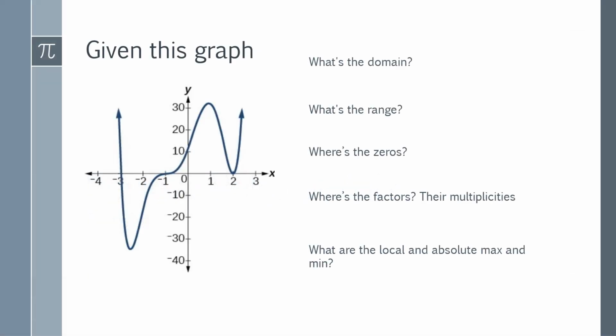Alright, so let's talk about the domain. The domain deals with all the x values, and of course x values are all horizontal. So when it comes to this particular problem, you notice that this graph has arrows on the left hand side horizontally, and on the right hand side.